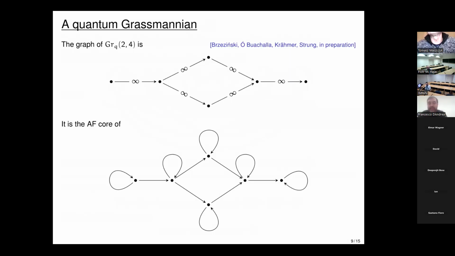So this Bruhat order, which in fact corresponds to this CW structure by Schubert varieties, corresponds to some order on the level of the Coxeter group.